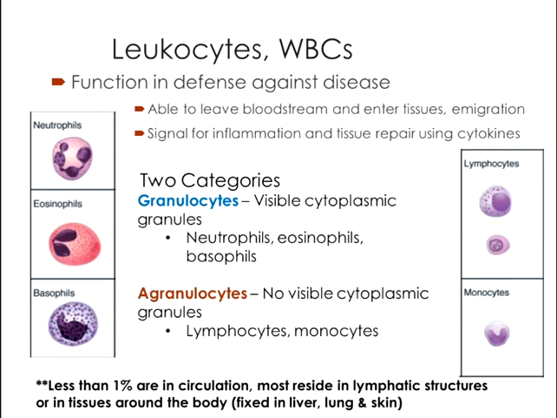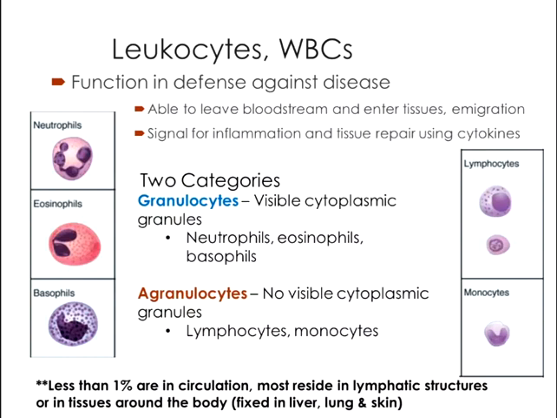A couple of tidbits about the white blood cells. They're able to leave the bloodstream and go into the tissues, and we call that process emigration. You could also refer to that as migration. Your red blood cells don't leave the bloodstream, at least they're not supposed to.